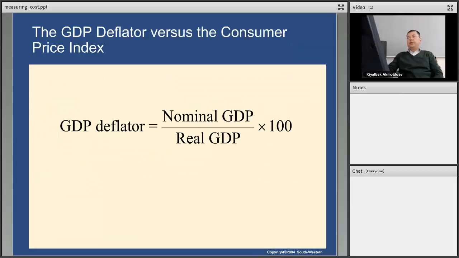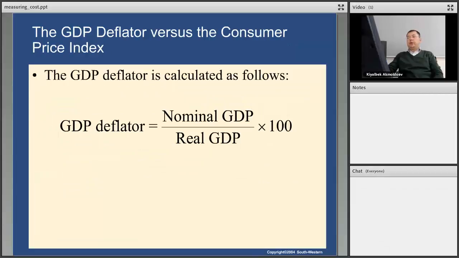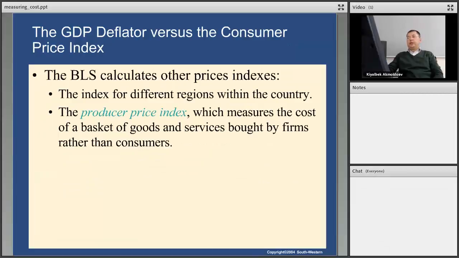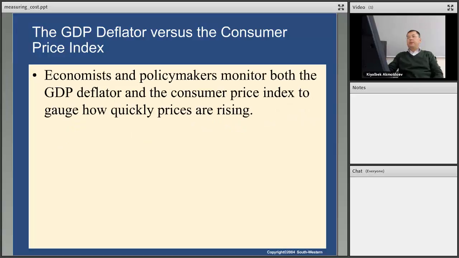So the GDP deflator: how do we calculate it? Nominal GDP divided by real GDP multiplied by 100, we find the GDP deflator. The second one is the index of different regions in the country, the PPI, the producer price index, which measures the cost of a basket of goods and services bought by firms rather than consumers.